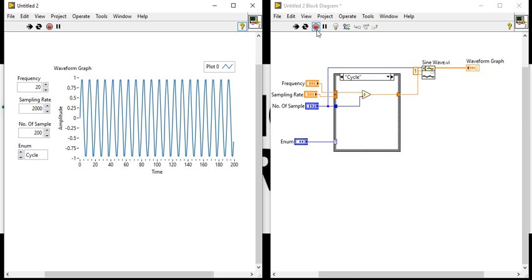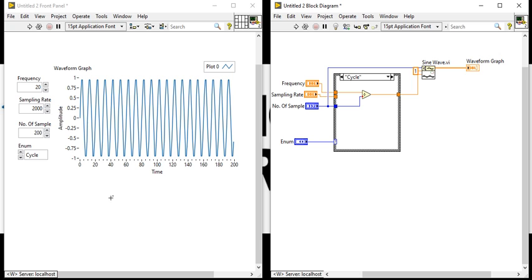So this is the concept of frequency normalization. If you divide the frequency by the sampling rate, the normalized frequency will come out as 0.01.